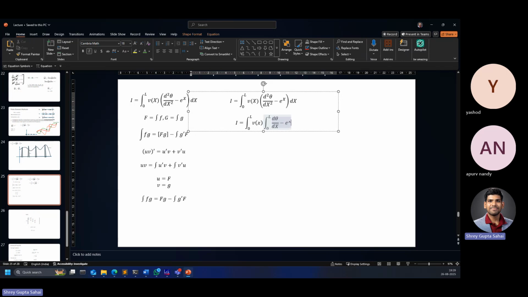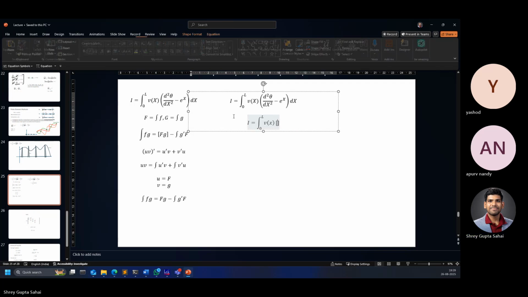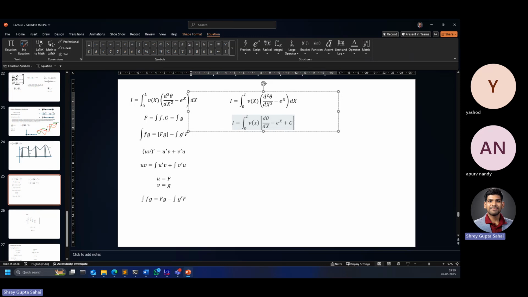I'll just quickly write e to the power x only for the time being. And plus c also will come, isn't it? No, wait. So this thing plus c, isn't it? And minus integral 0 to L, to subtract v dash. So I take a differential here, and this is what I write.